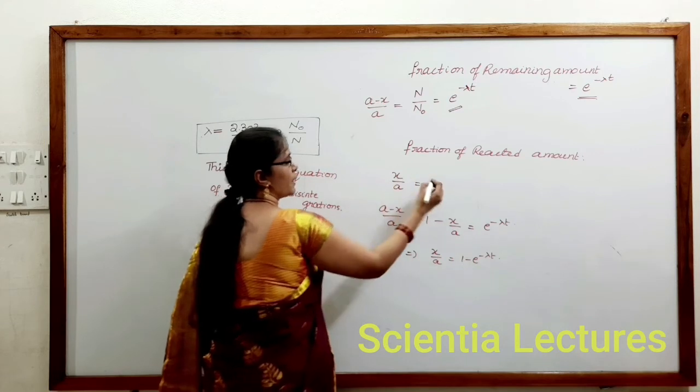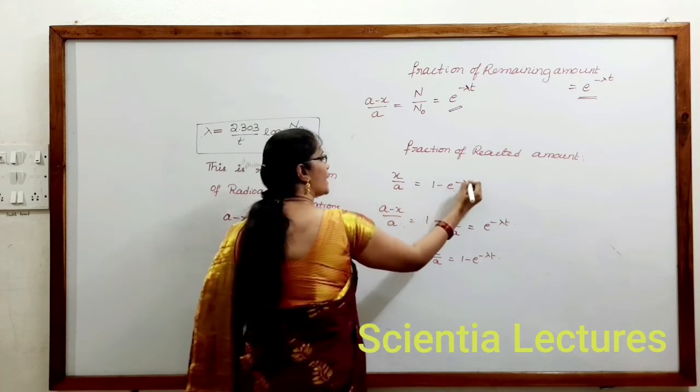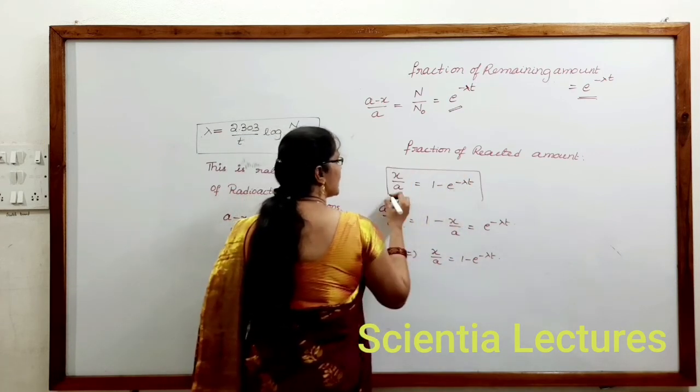So X by A must be directly equal to 1 minus e power minus lambda t.